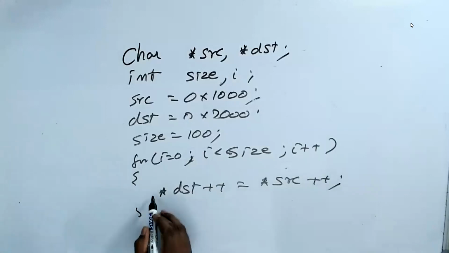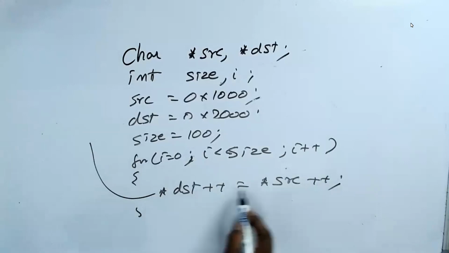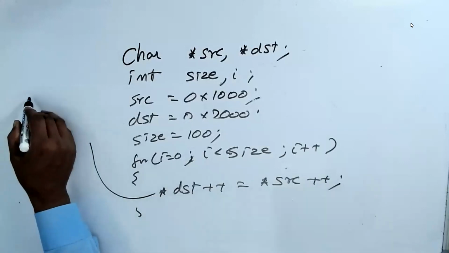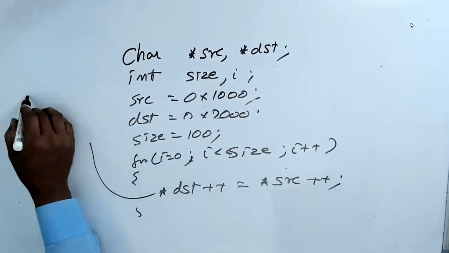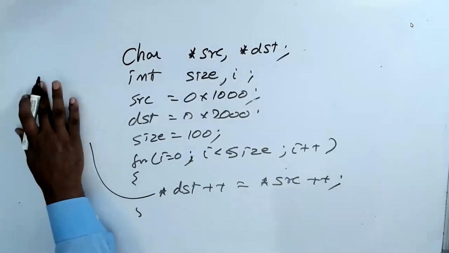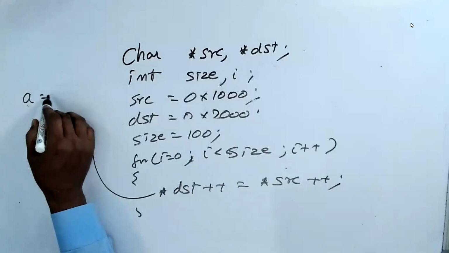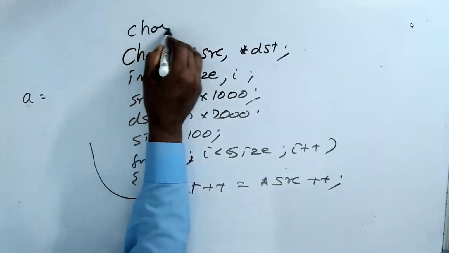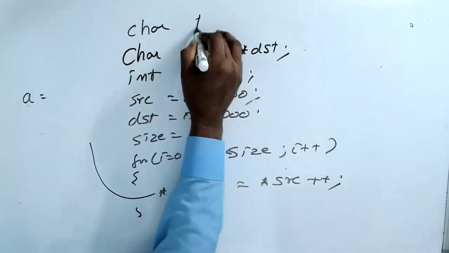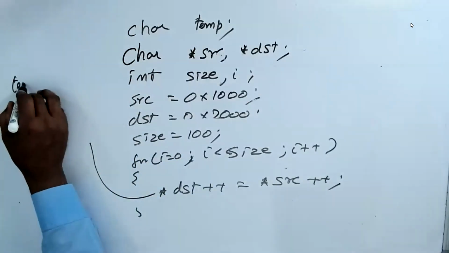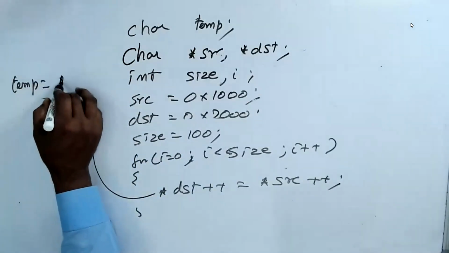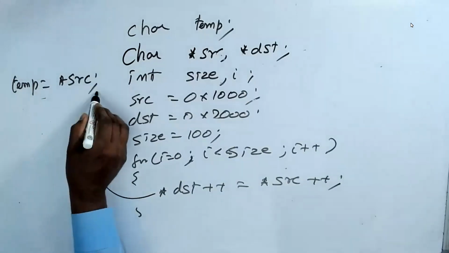If we expand this, let's assume that a temp variable, char temp, is equal to *source. You are reading from the source.